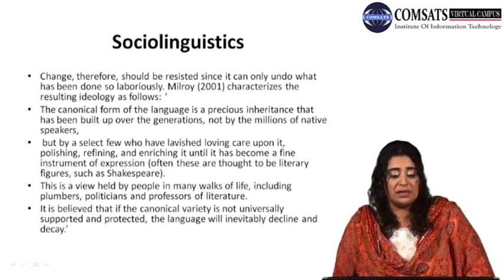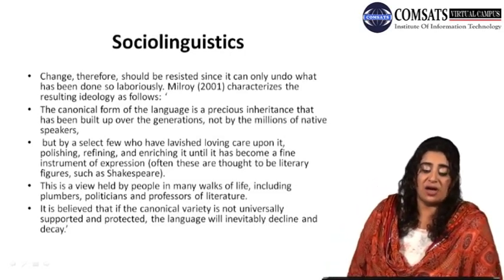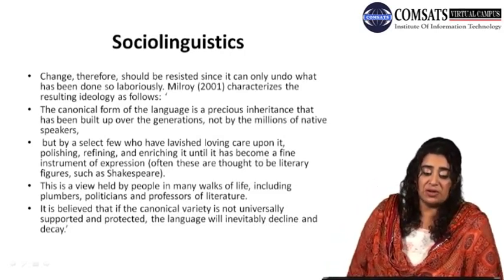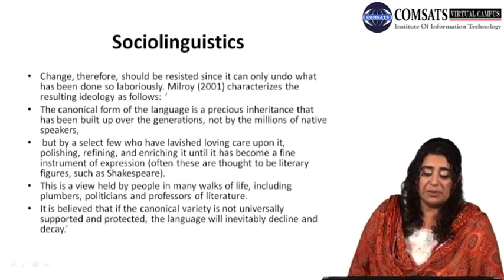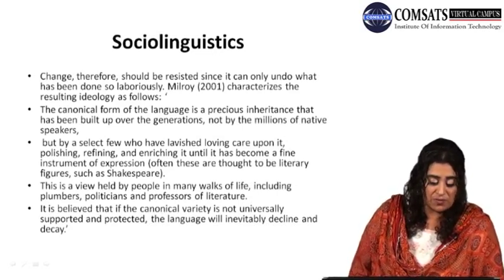Often these are thought to be literary figures, such as Shakespeare. This is a view held by people in many walks of life, including plumbers, politicians, professors of literature, and so forth.